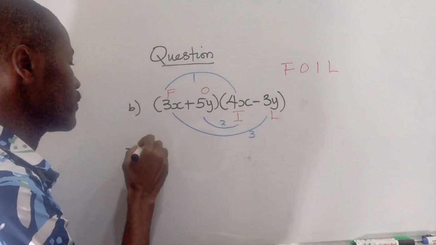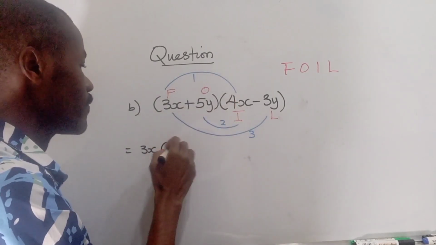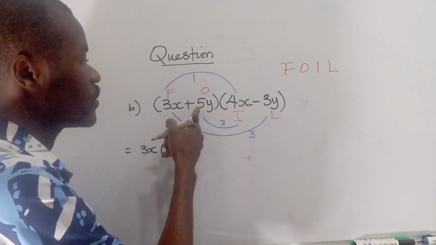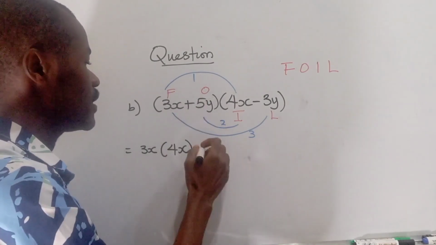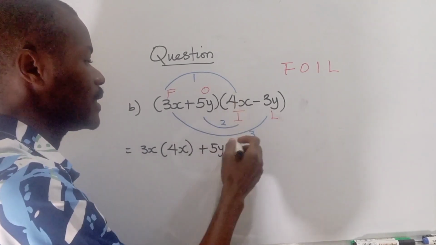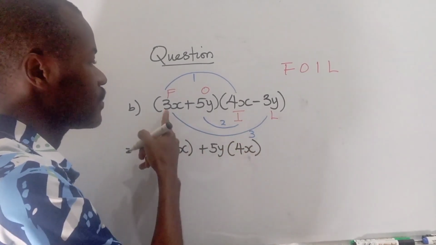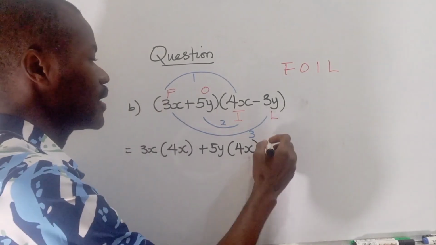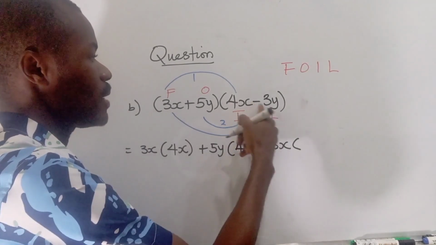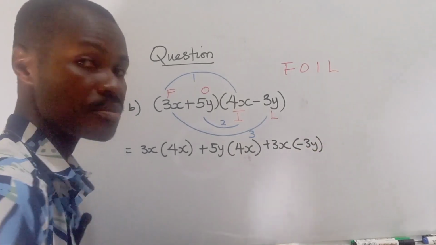So we're going to have 3x coming out to multiply our 4x. Now step 2 is plus 5y, which is the outer term, coming out to multiply the inner term, which is 4x. Now step 3 is plus 3x, coming out to multiply minus 3y.